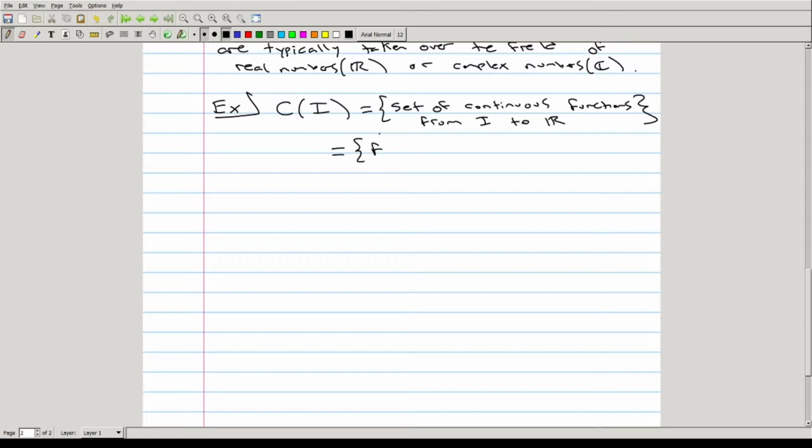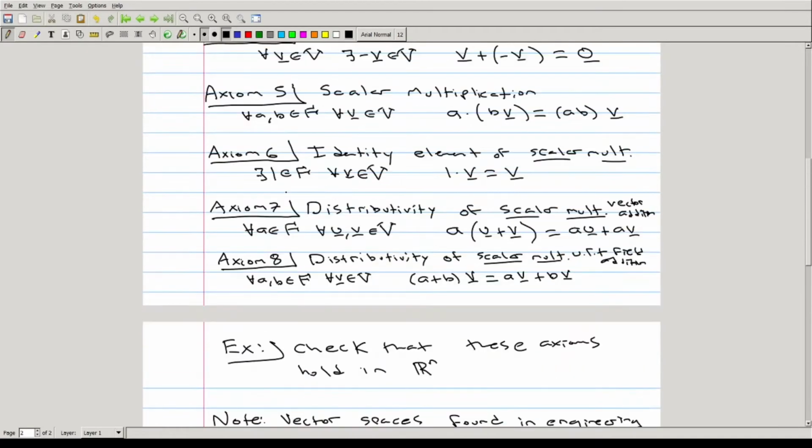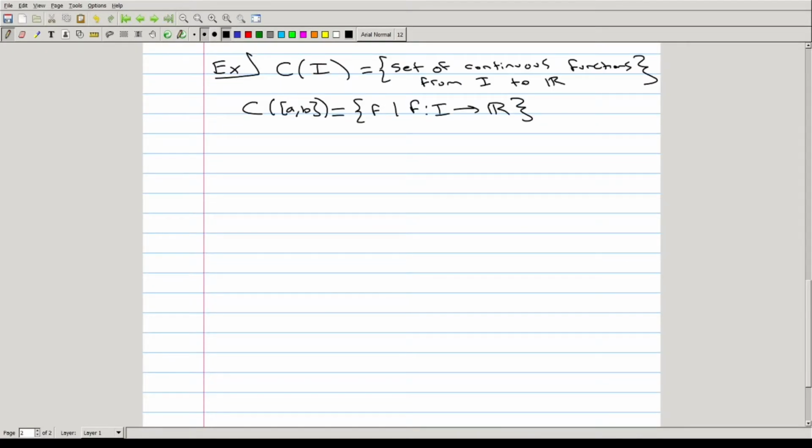It is the set of functions f mapping some interval I to the real numbers R, where we could also call I the interval from A to B. And it's relatively easy to go through and verify that this is a vector space by checking all the axioms.